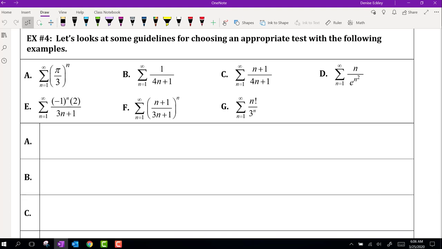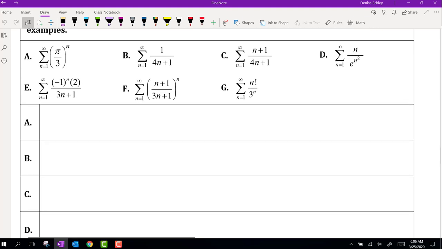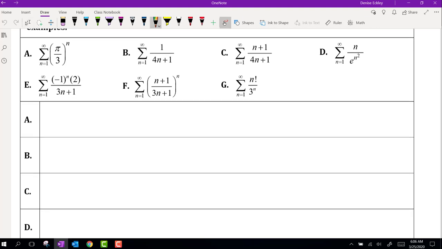In letter A, I'm just going to not say the summations. I'm just going to mention the a sub n term. So we have pi over 3 to the nth power. Now you might be tempted to say, oh, I can use the root test, but there's actually a quicker way to do this one.